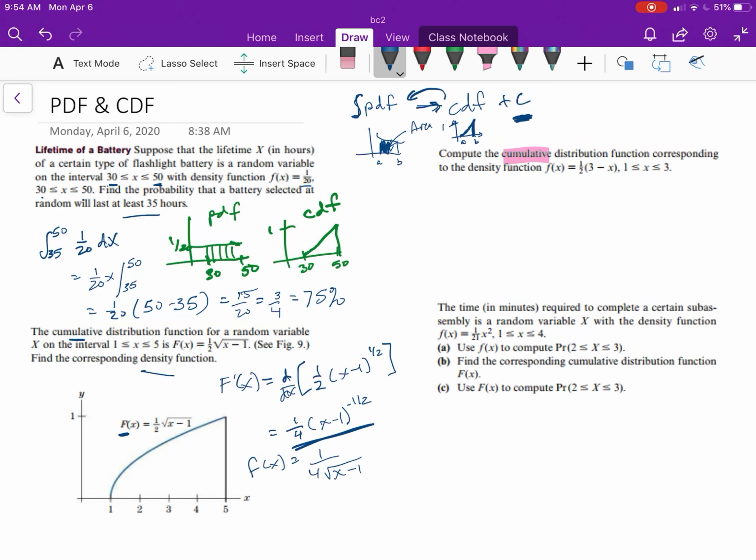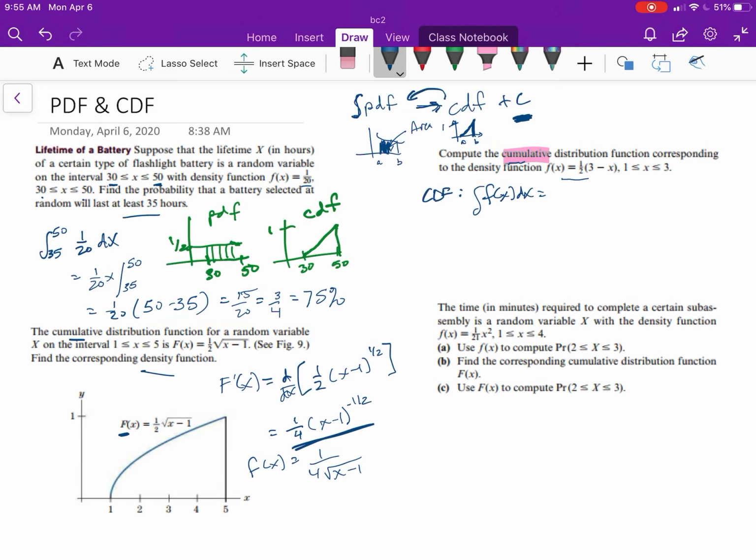All right, the next one, now we're finding the cumulative distribution function given this density function. So now we are, in fact, doing integral. To get the cumulative, I'll just call it the CDF, we need to integrate f of x.